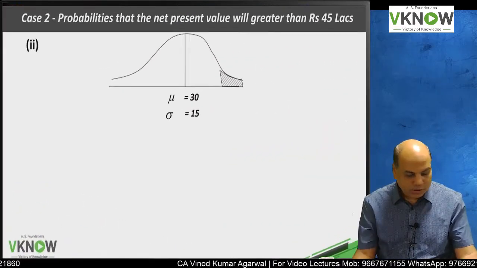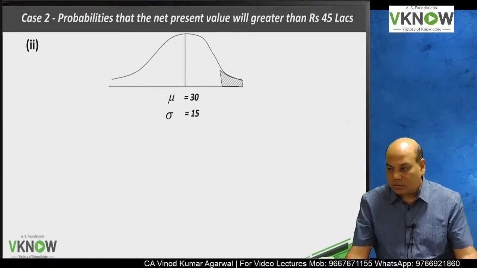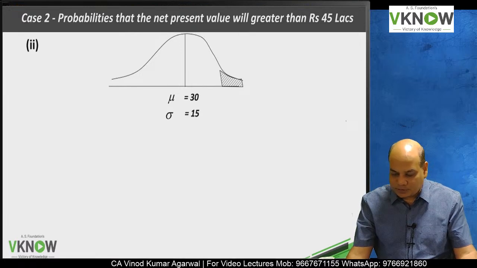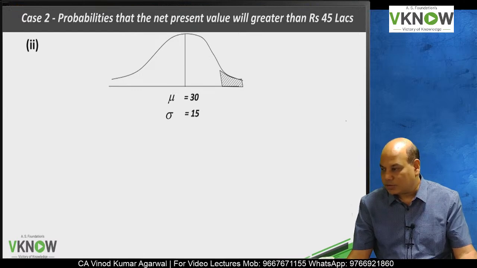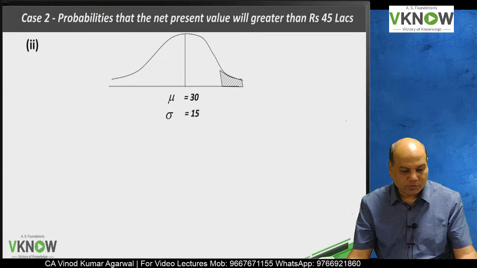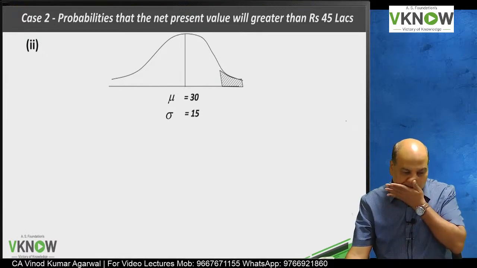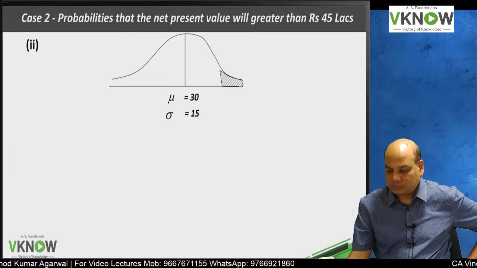Next question, write down case 2. The second question is the probability that NPV will be greater than rupees 45 lakh.